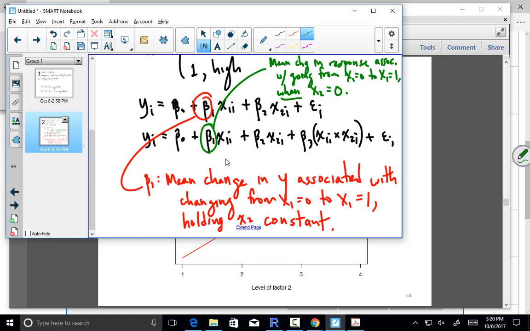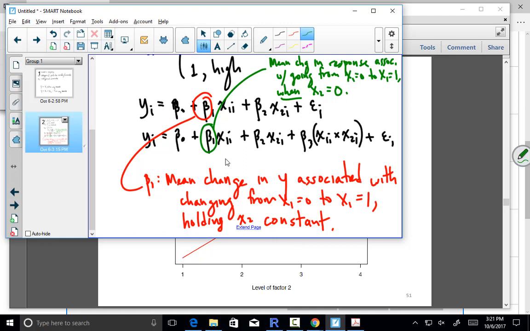The point I'm trying to make is, depending on whether you have an interaction in your model, it impacts how you interpret the coefficients. The red beta 1 is like an average x1 effect averaging over x2.